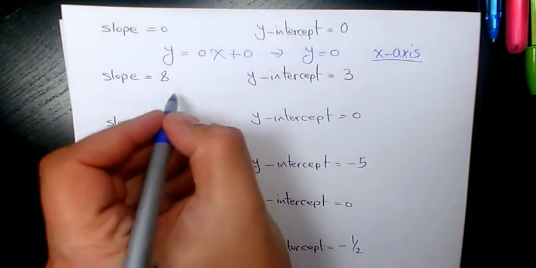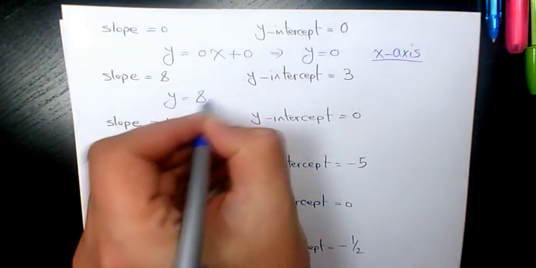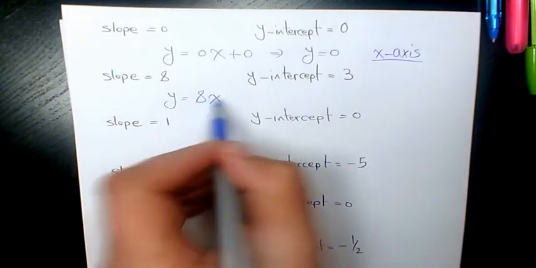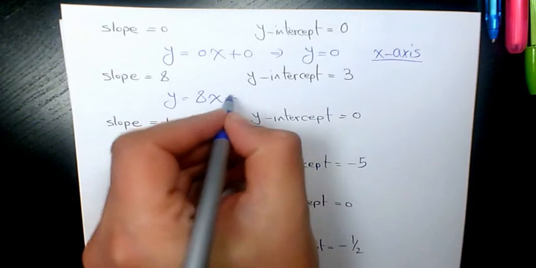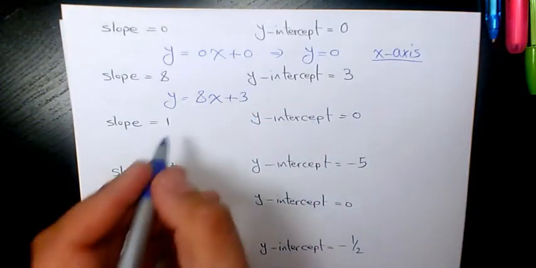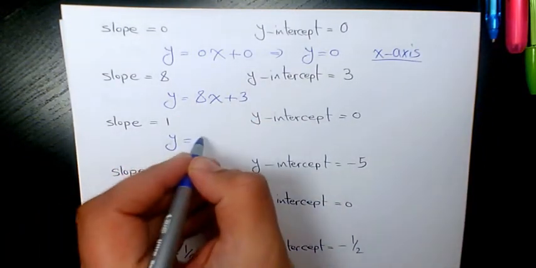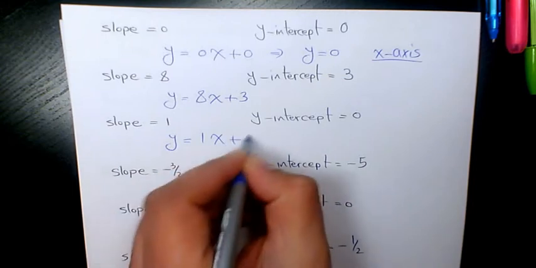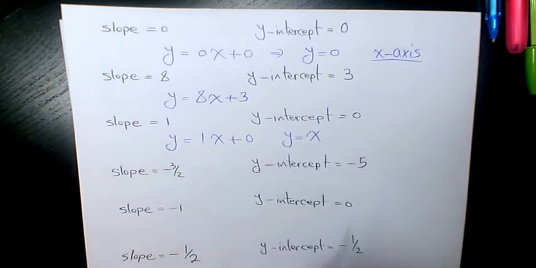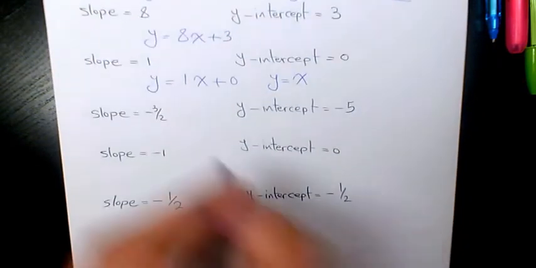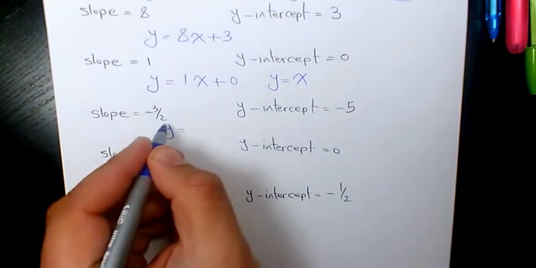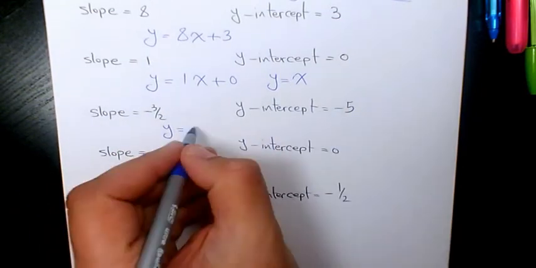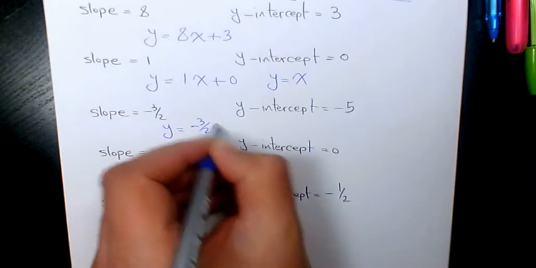Next one is going to be y equals 8x, the slope is 8, and the intercept is 3, so it's going to be 8x plus 3. This one, the slope is 1, so it's going to be 1x plus 0, so that's going to be y equals x. Next one, the slope is -3/2, y-intercept is -5, so it's going to be -3/2 x minus 5.